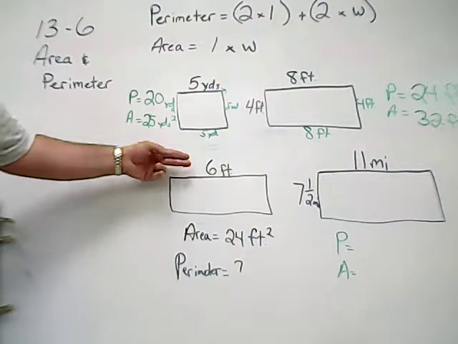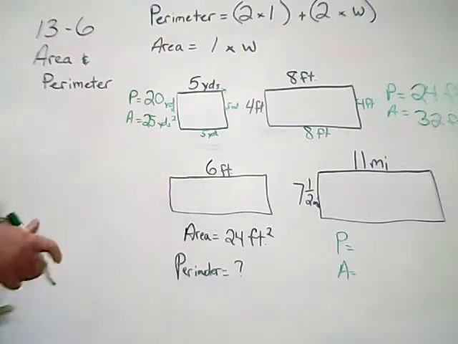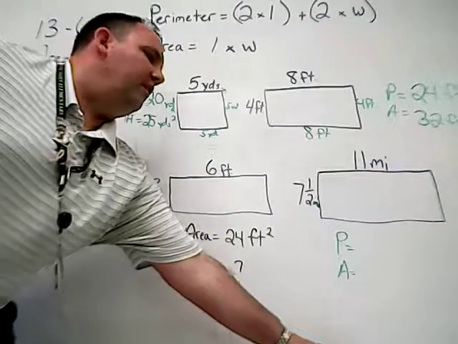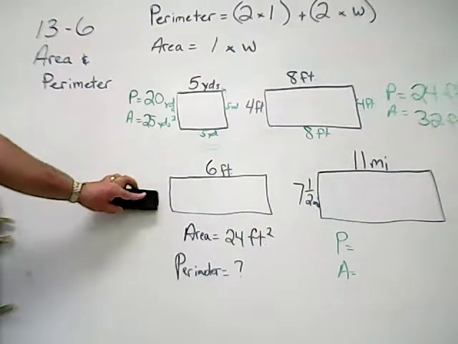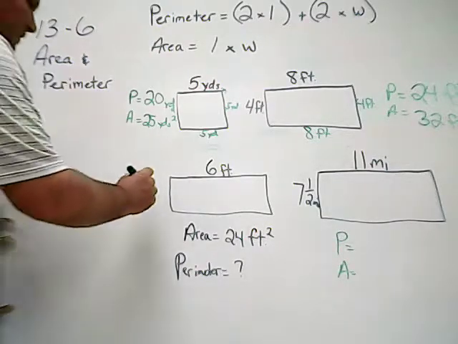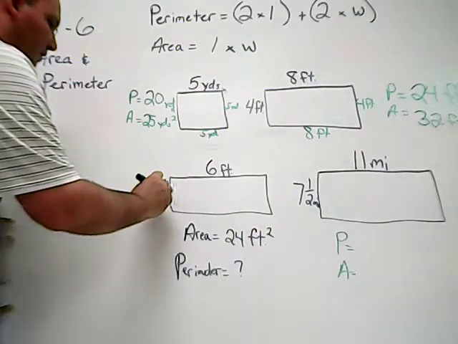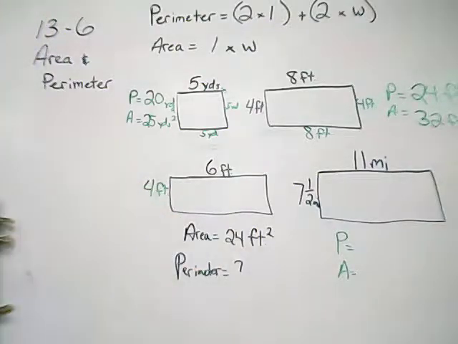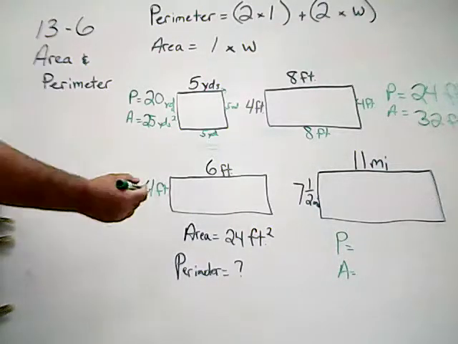So I need to ask myself, 6 times what number is going to get me 24? And by knowing my basic facts, I know that 6 times 4 is going to get me an area of 24. So to solve the perimeter, I just need to find the 2 remaining lengths.